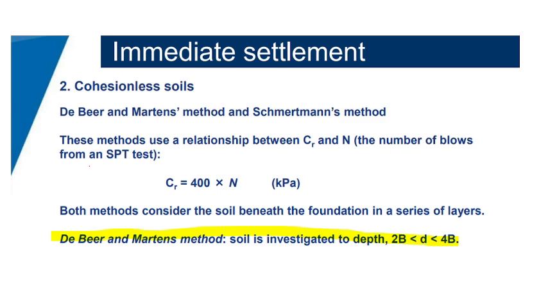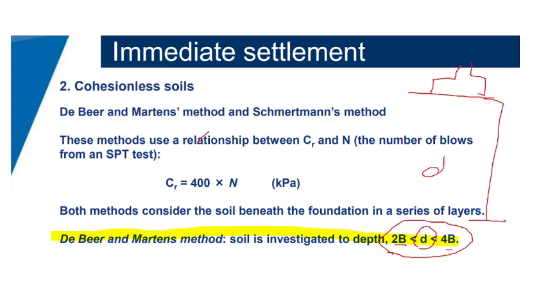All right. So both methods consider the soil beneath the foundation and the surface layer. So there are a lot of layers underneath the footing. But take note that in these methods, considering the depth beneath the footing, your layers should cover a depth of 2B to 4B.